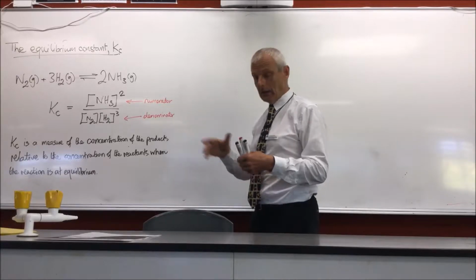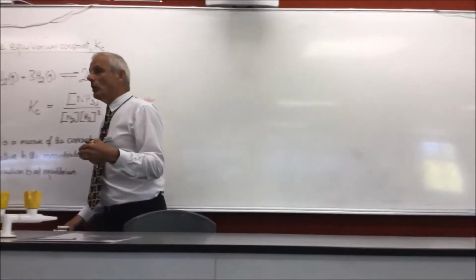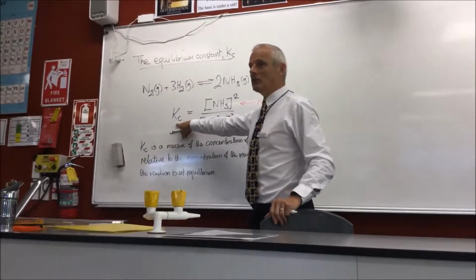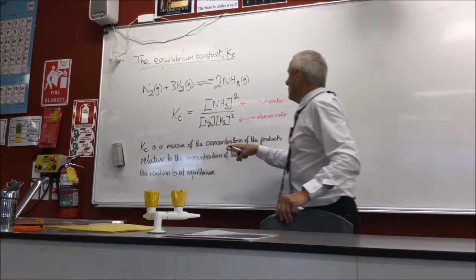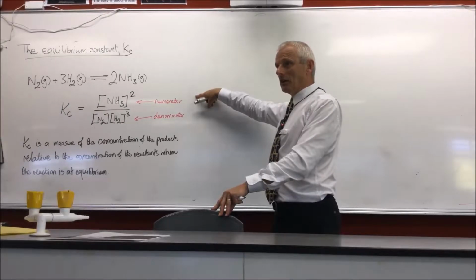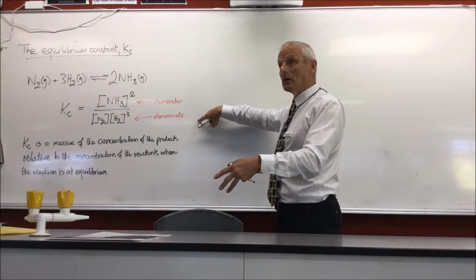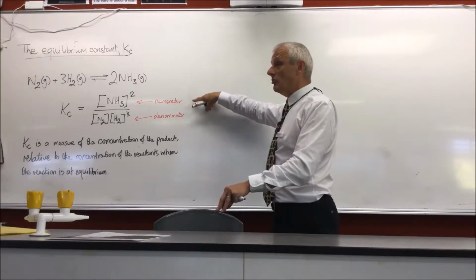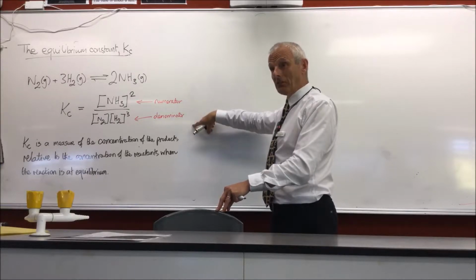So if we consider the situation where Kc is a very large number, what does that tell you about the size of the numerator in the fraction compared to the denominator? If it's a large number, much greater. It's telling us we've got a large numerator but a small denominator.